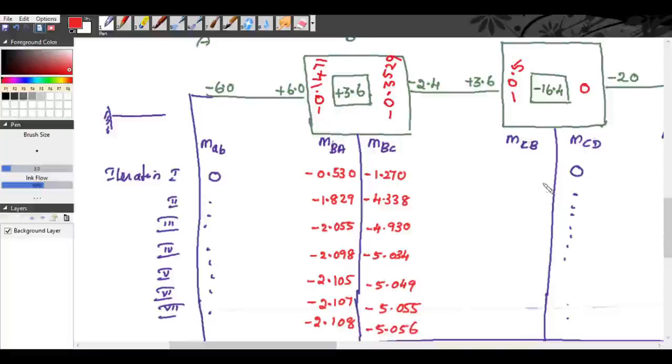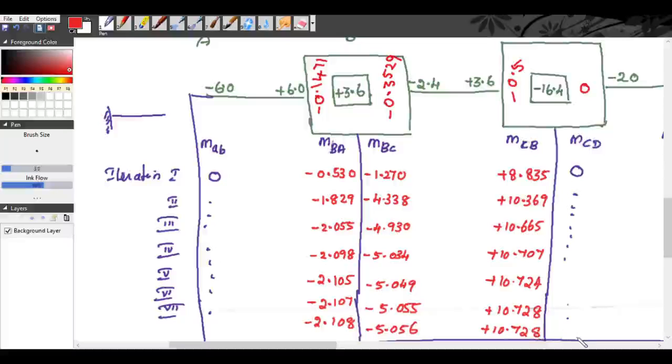For MCB, the values are plus 8.835, plus 10.369, plus 10.665, plus 10.707, plus 10.724, plus 10.728, plus 10.728.